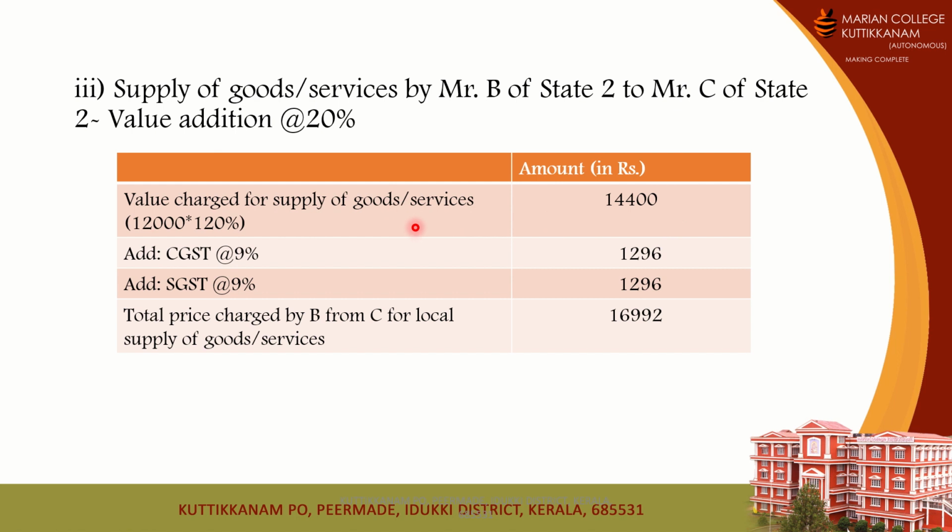Since the supply is within the state, that is intra-state supply, what is to be charged? CGST and SGST is to be charged at 9%. So we have 1,296 each. So the total price charged by Mr. B from C is 16,992. This is a simple calculation which we learned in the last video.